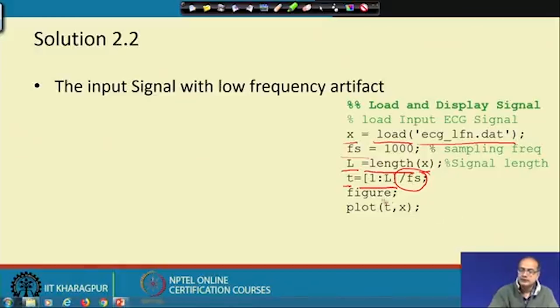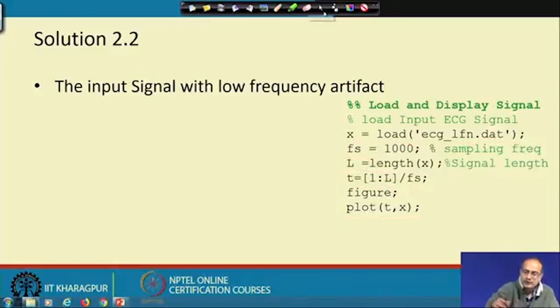Then, using the command figure we create a new pane for the figure and we plot t comma x to see the nature of the signal.